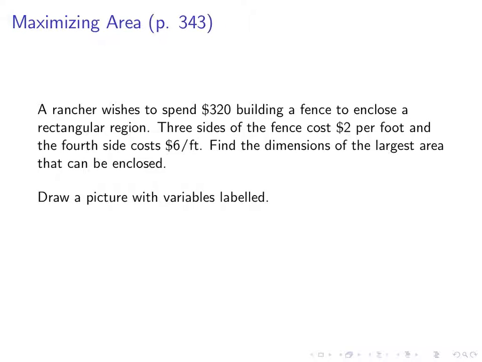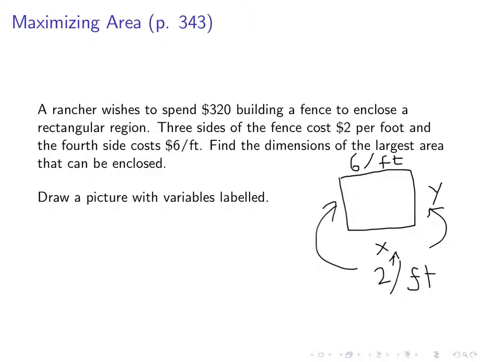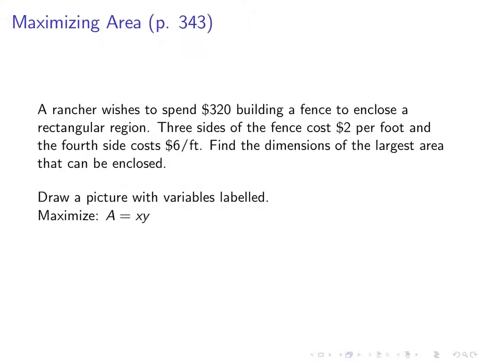You want to draw a picture with the variables labeled. So you just have a rectangle with 3 of the sides being $2 per linear foot and the top being $6 per linear foot. So draw this picture on your own, and we want to maximize the quantity x times y.